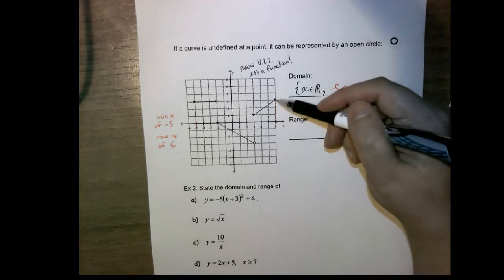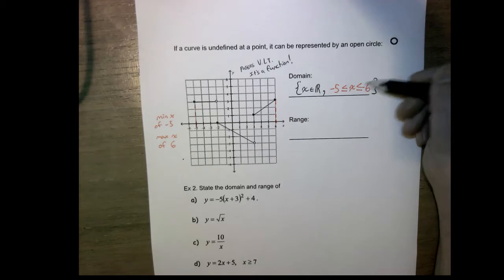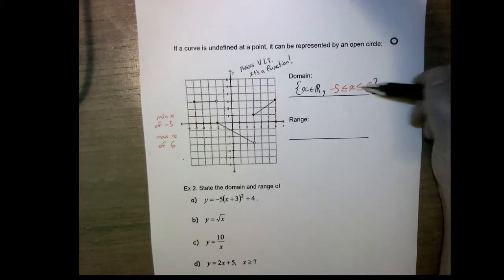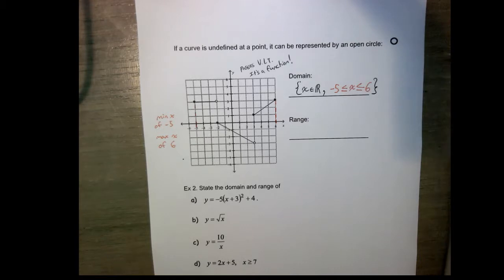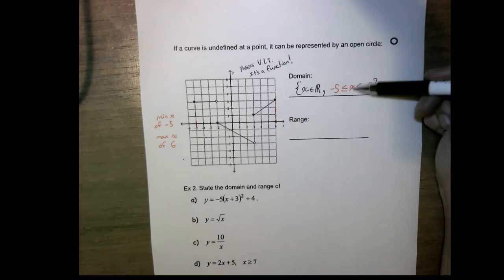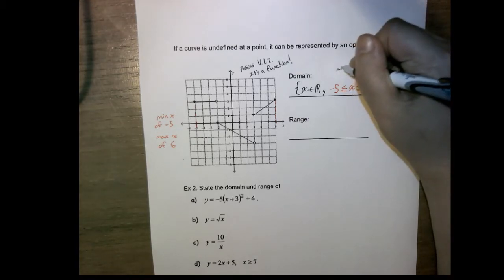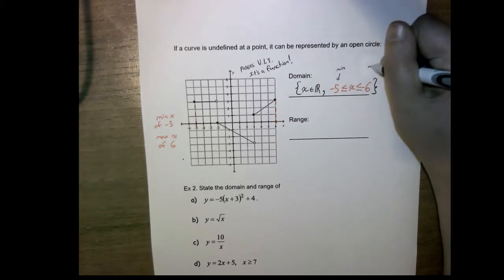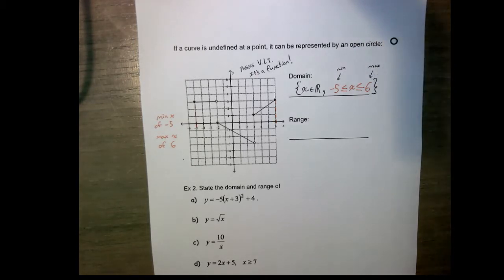And similarly over here, x can equal +6. So I have an equal sign over here for a +6, but it's also less than. So x is less than or equal to 6, and it's greater than or equal to -5. So x is kind of just in between my minimum over here and my maximum over here.